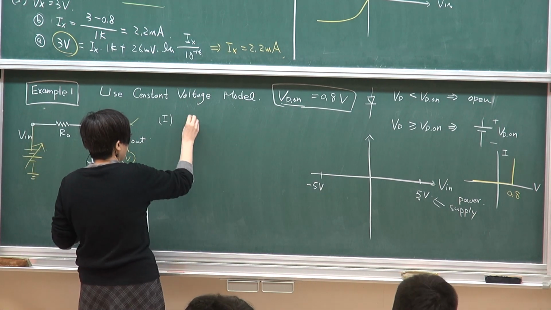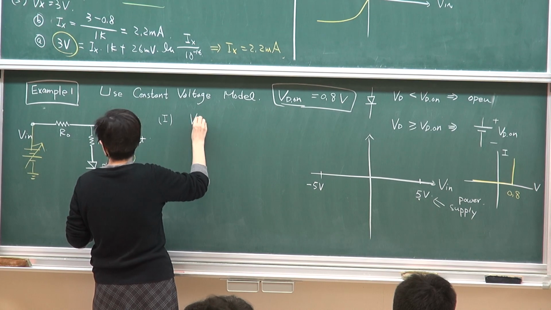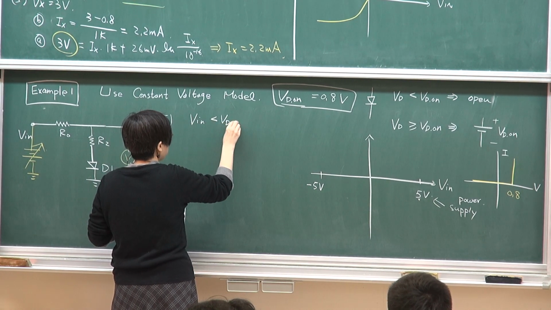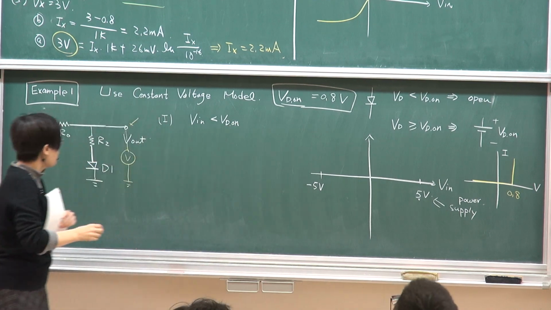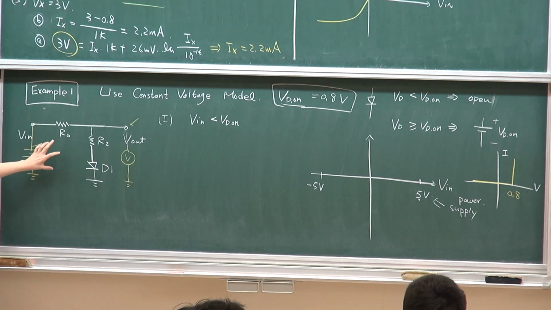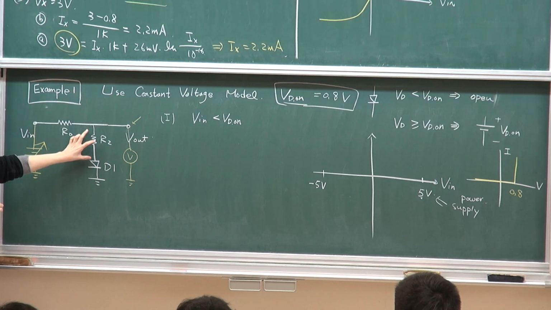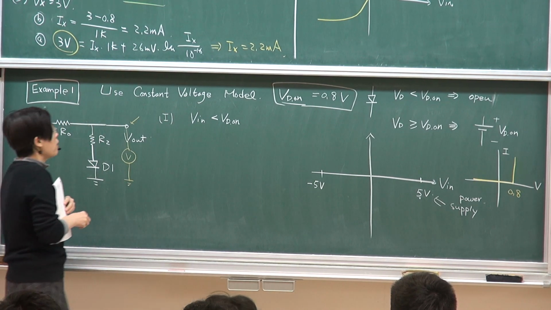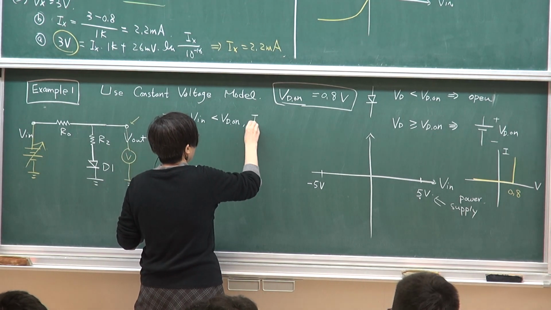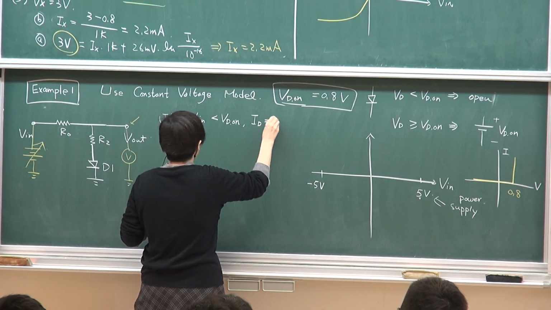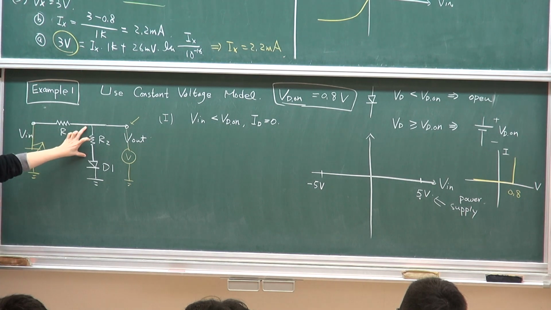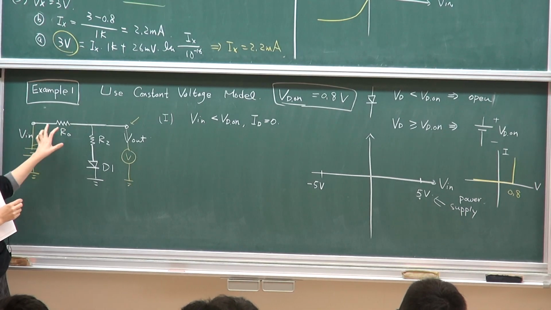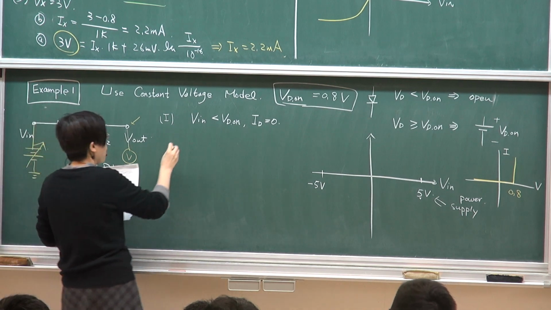When Vin is smaller than 0.8 volt, this whole loop is not on, so there's no current. The diode current equals 0. Therefore there's no current on this resistor or diode, and no current flowing in.